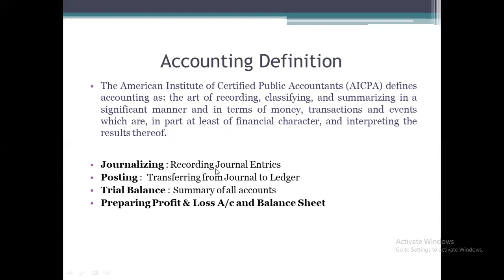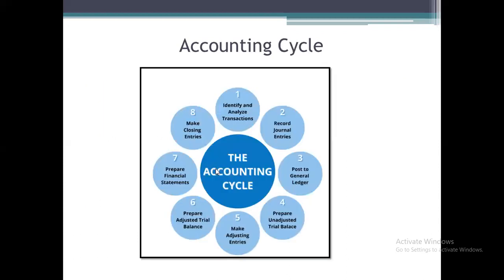To make it easier, in the next slide I have copied one simple chart to help you understand. So what's happening here? It starts with identifying and analyzing the transaction. As a first step, you stop yourself and see whether that's a transaction or not.